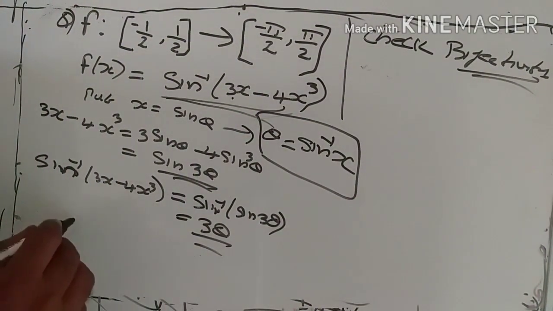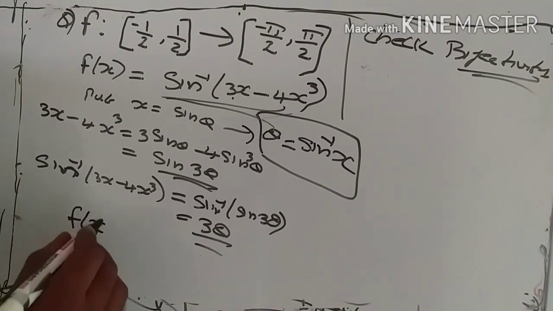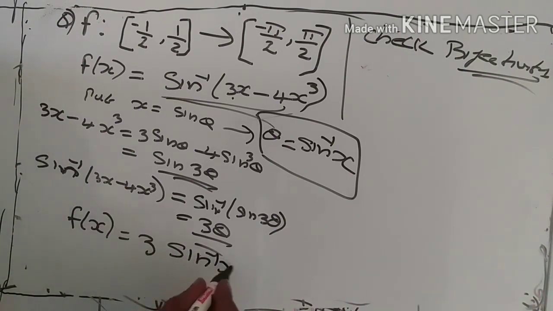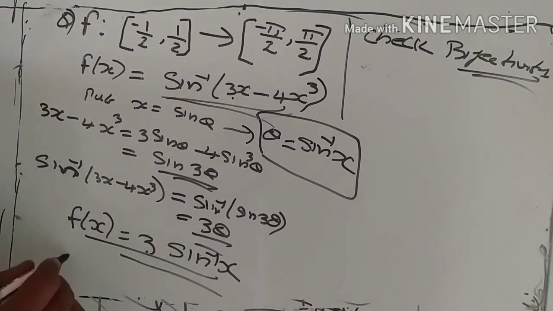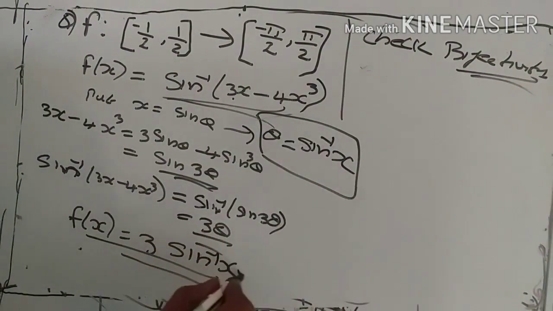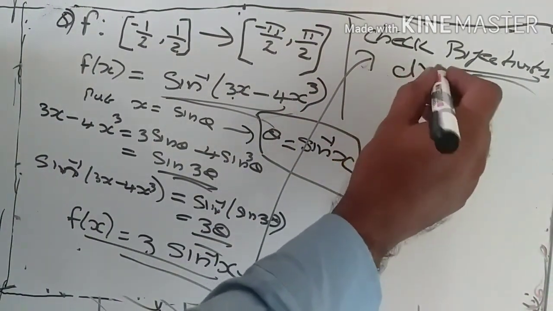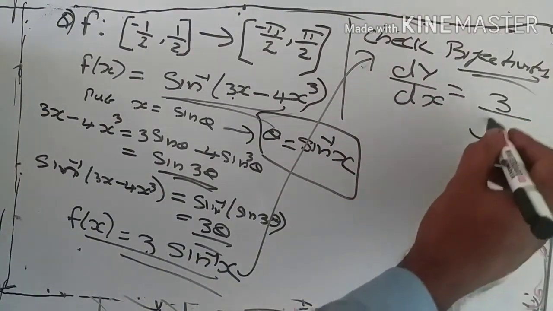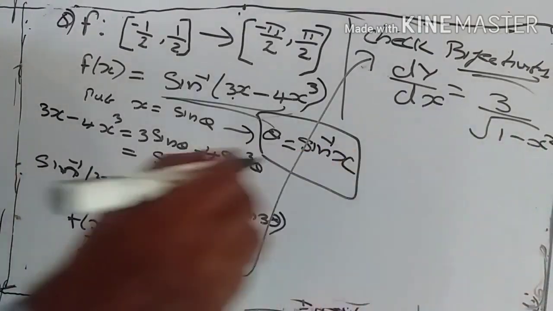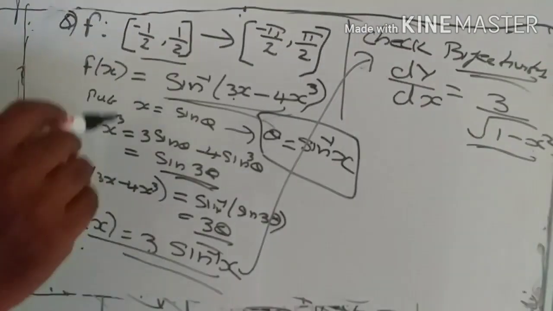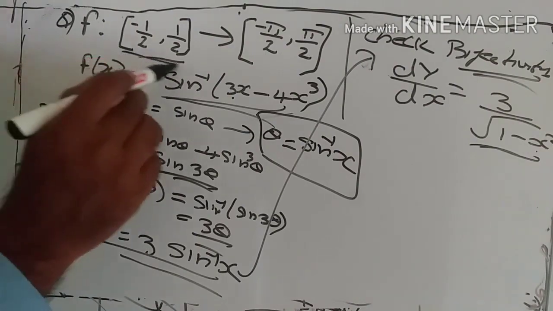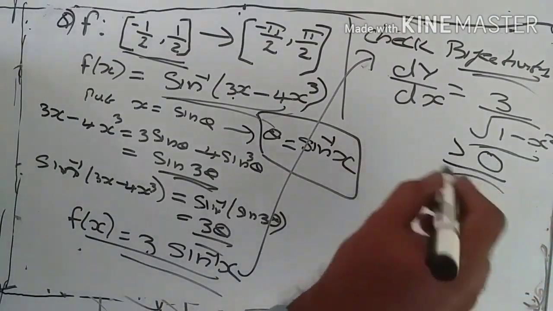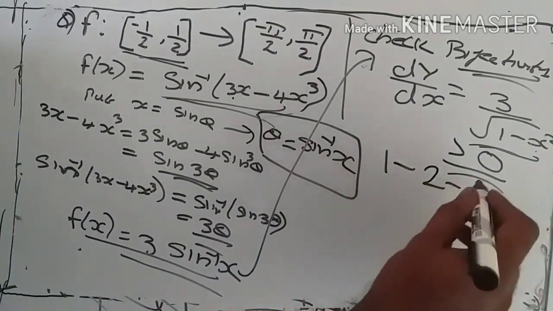Now our function f of x is equal to 3 into sine inverse x. dy by dx is equal to 3 by root of 1 minus x square, where the value of x is from minus 1 by 2 to 1 by 2. So this is greater than 0. So the function is 1 to 1.